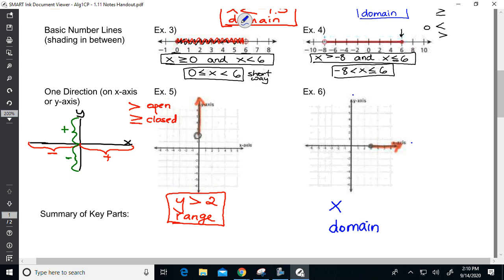The graph is going to the right. So that means it's greater than or greater than or equal to. What kind of circle is on it? This is closed, so we're going to use greater than or equal to. And the number it was on was 3. That's your domain, and that's it.